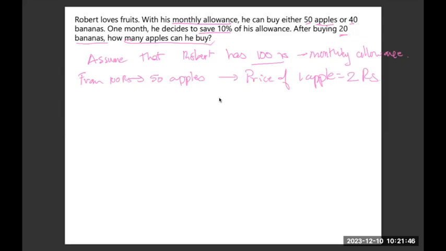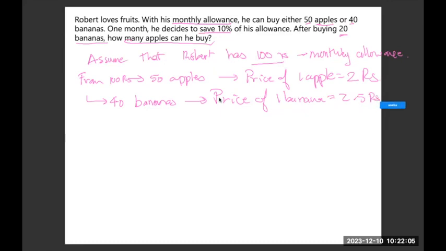Now, if this guy can buy 40 bananas with 100 rupees, which means the price of one banana will be 2.5 rupees.